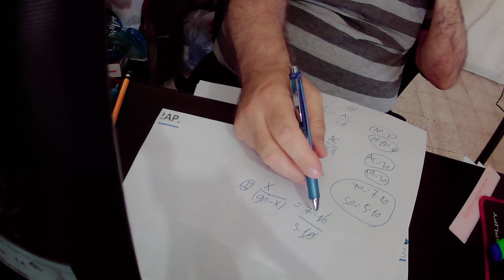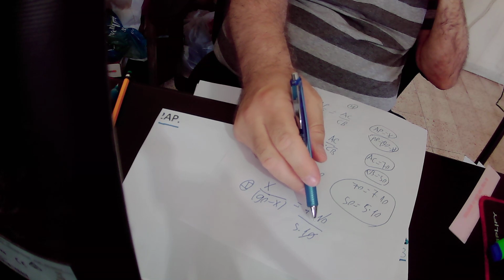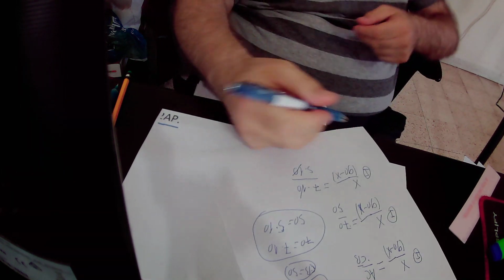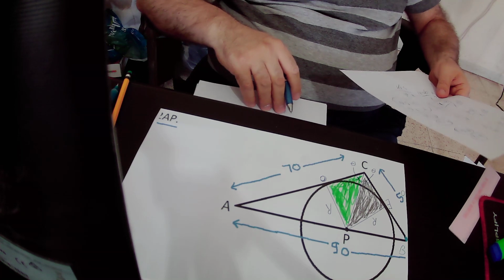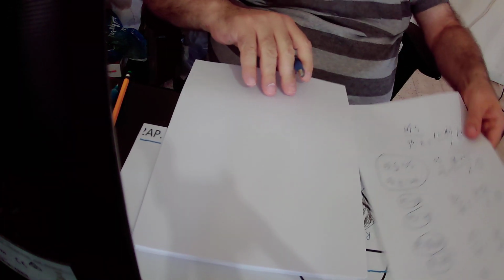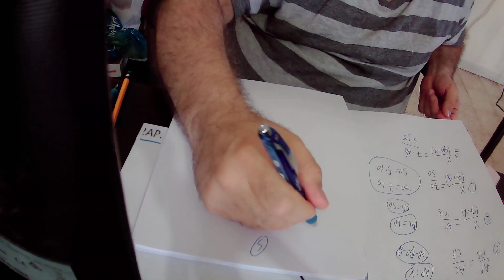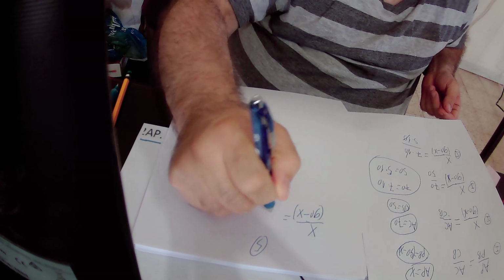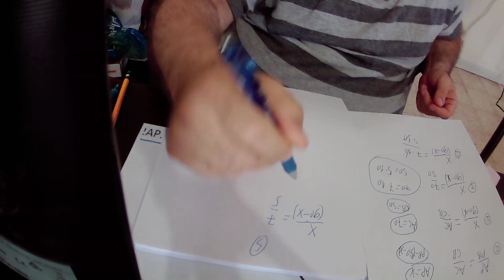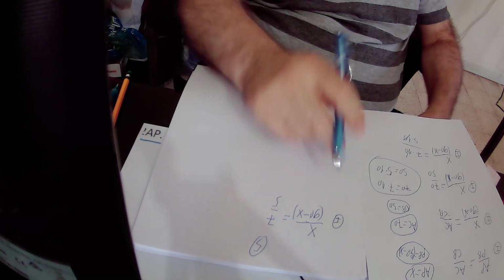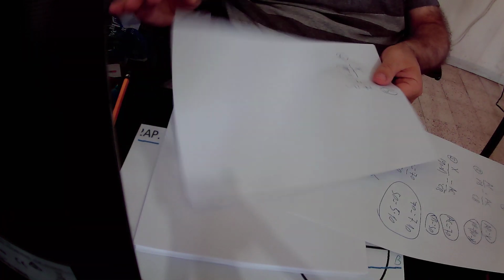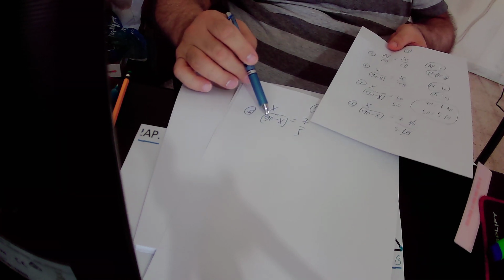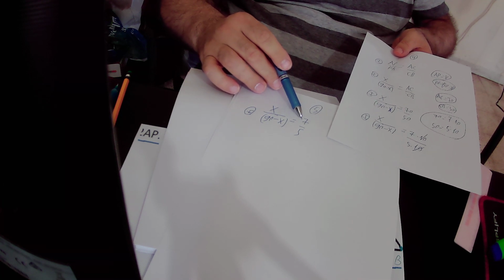So after we cancel 10, we get that x over 90 minus 6 equals 7 over 5.